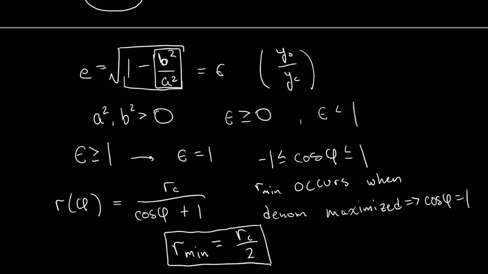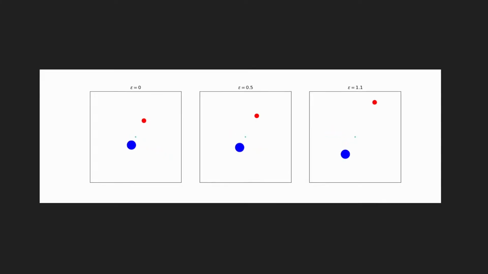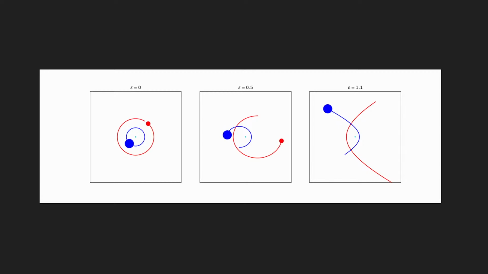What I'll leave you with is a little animation of these stars for different eccentricities. In this case, the blue star is much more massive than the red star. And you see the different values of epsilon give different orbits, and the cyan dot is the center of mass.